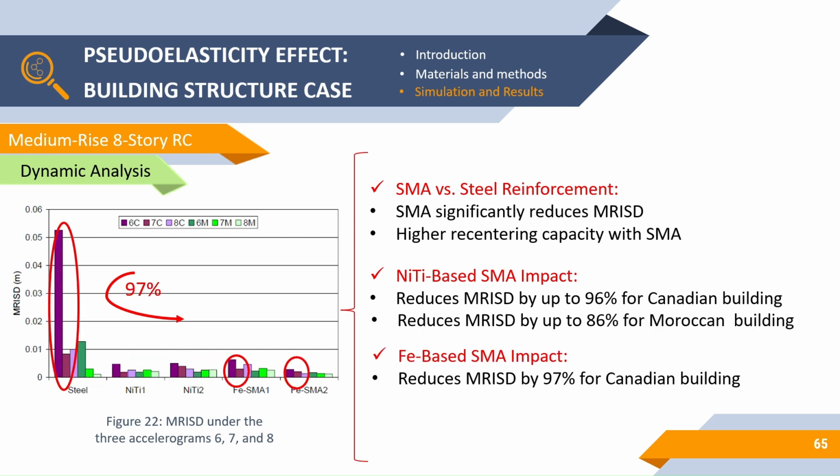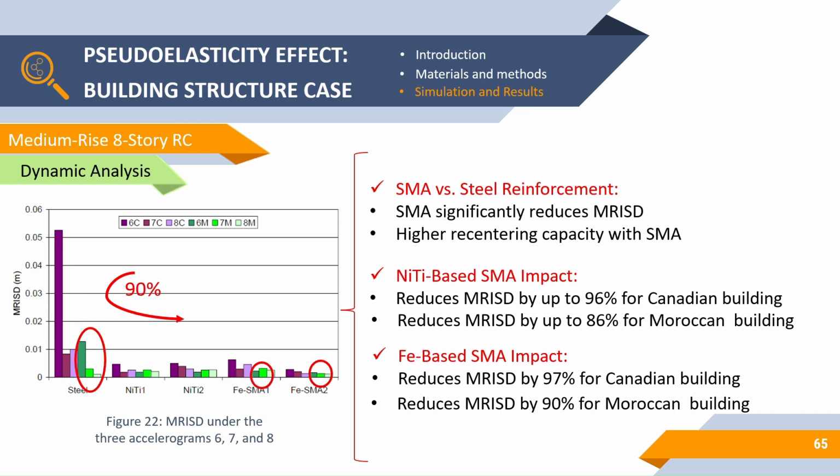Similarly, the ferrous-based shape memory alloy reduces the maximum residual interstory drifts by up to 97% for the Canadian building and 19% for the Moroccan building.